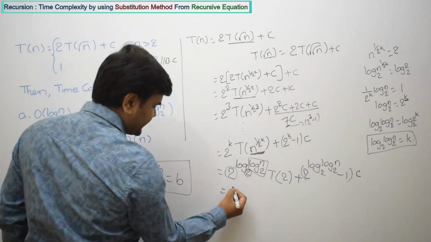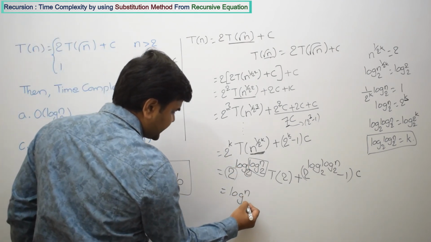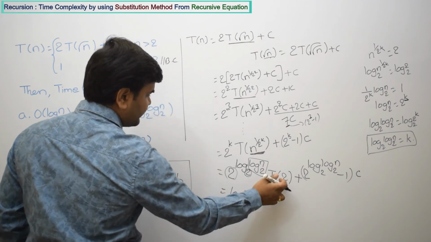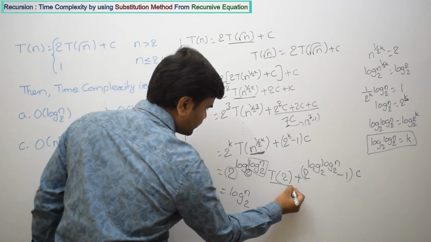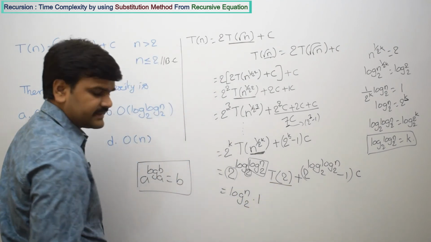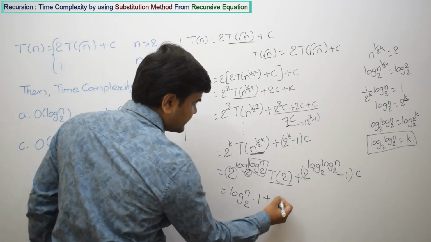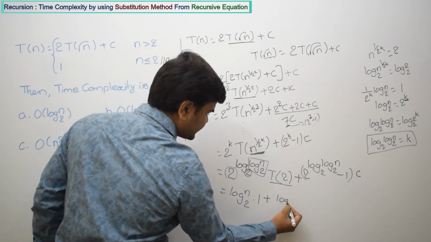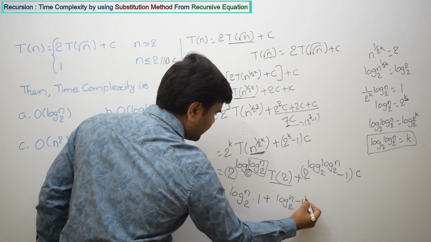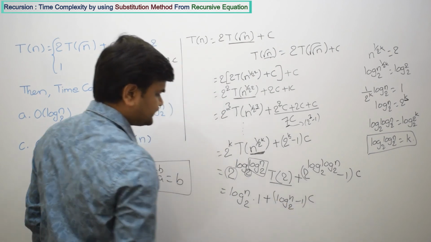So that means log n base 2, and T(2), whenever the n value is 2, returns 1, so T(2) becomes 1, plus the same thing here, log n base 2 minus 1, into c.